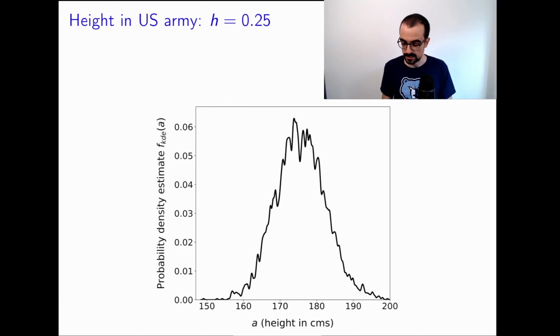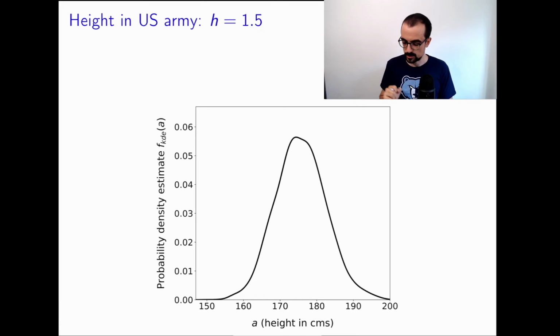This is what it looks like for the height in the US Army when we use a kernel that is very narrow. If we make the kernel wider, this density is going to become better and better estimated because we're using more data points. So it's going to look smoother, although you might be losing some meaningful structure in some areas.